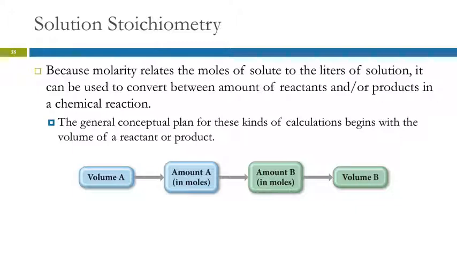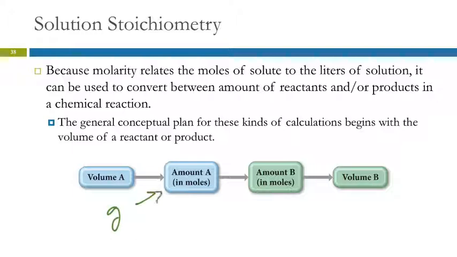Molarity is useful when we're doing stoichiometry problems, because a lot of our reactions occur in solution, and so we can measure volumes and know the concentrations of our reactants and products and do stoichiometry calculations. So this is a variation on grams to moles to moles to grams.